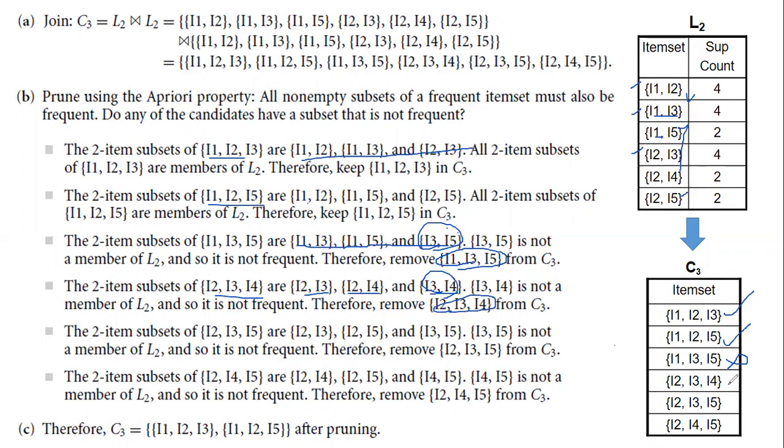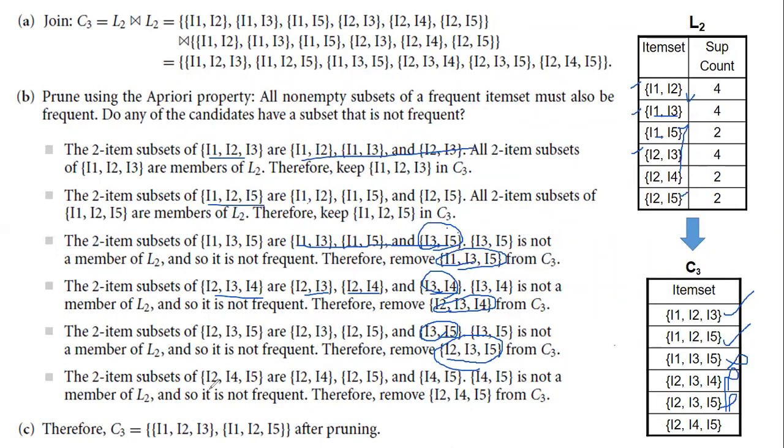Then next we'll take I2, I3, I5. What are the subsets? I2, I3, I2, I5, I3, I5. Out of this, again I3, I5 is not there in the L2. So these three items will also not be considered.